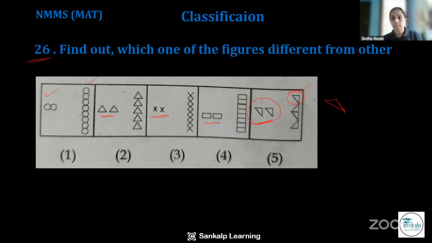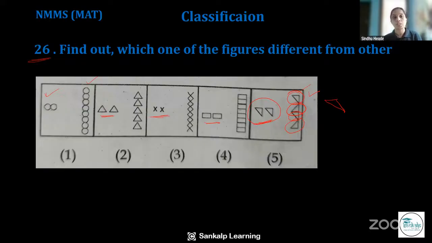The first one is correct, but the second one is tilted and connected. The third one is correct, and the fourth one is also tilted and connected. So this does not follow the pattern compared to figures 1, 2, 3 and 4. The rest of the figures follow the same pattern.